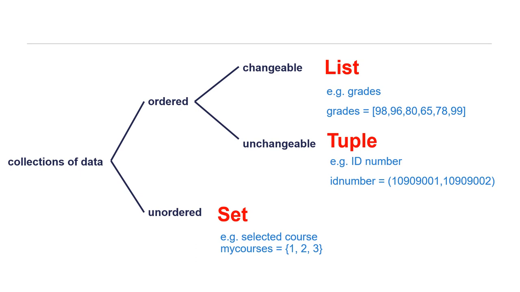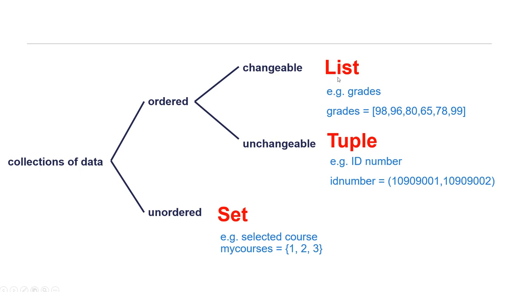We can compare something you have selected with something I have not selected. That is their difference. But because it is unordered, maybe it has limited applications. If something is ordered, it has its own sequence from 1, 2, 3, 4, 5, and it has its own index. So we will use list or tuple.